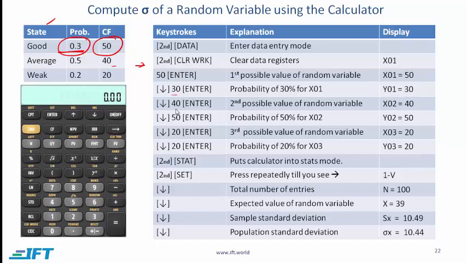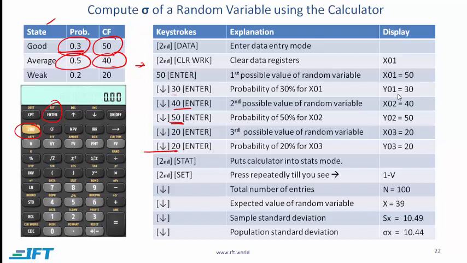Then you enter 40 over here and 50, which is the 0.5 probability, and so on. Once you've entered all the numbers, you then go into statistics mode by doing second STAT. Then you must hit the second SET repeatedly until you see 1V. This stands for one variable.